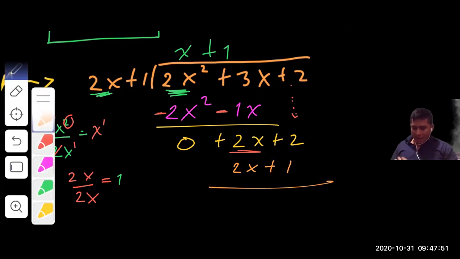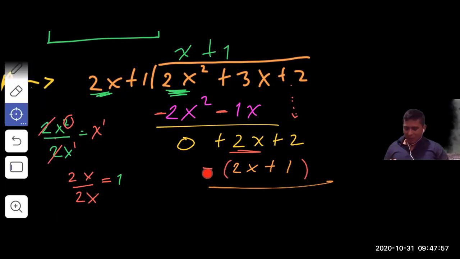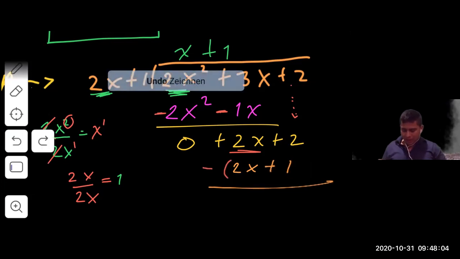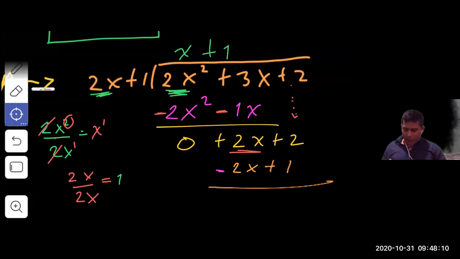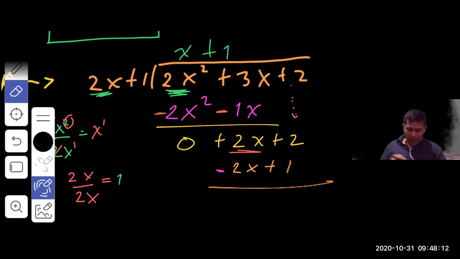Okay, the line. But we have to put the negative again and subtract this. But I don't like to do it like this, guys, putting the negative on all of that. Instead, I'm going to change the sign of all my terms. That's exactly the same. This 2x, guys, is positive. Now we're going to turn it into negative. This is positive 1. Now it's going to be negative 1.